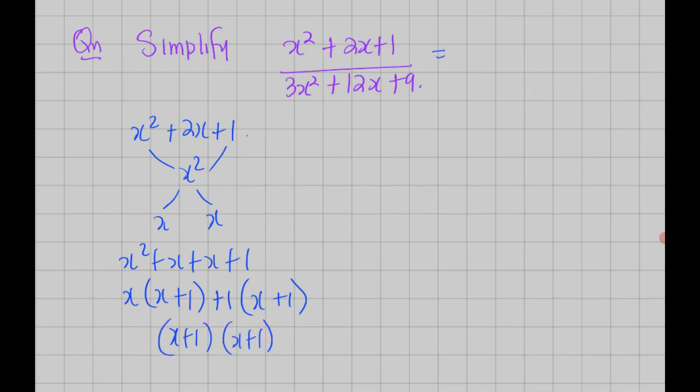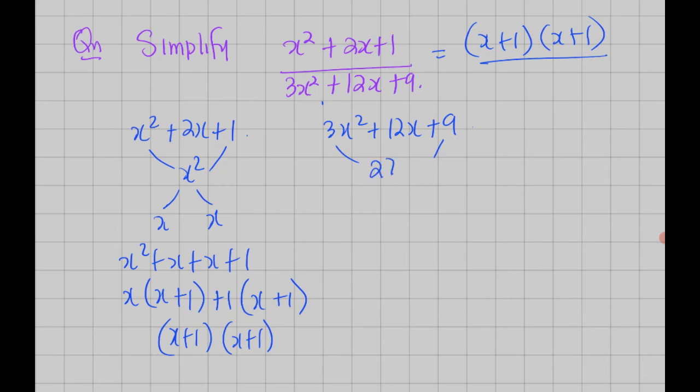So this one can be x plus 1 times x plus 1 over, so let's factorize this one, 3x squared plus 12x plus 9. If we multiply, we get 27x squared, right? The two numbers are 9x and 3x, right?